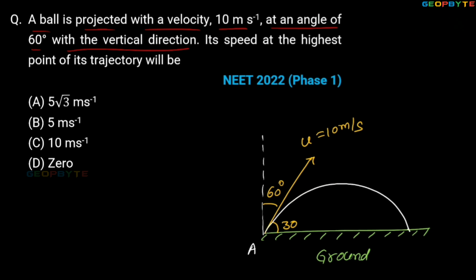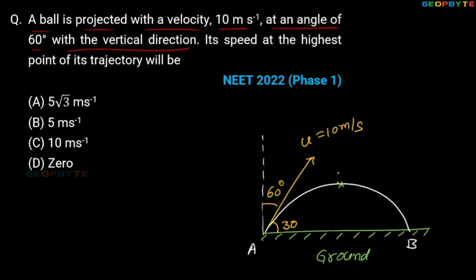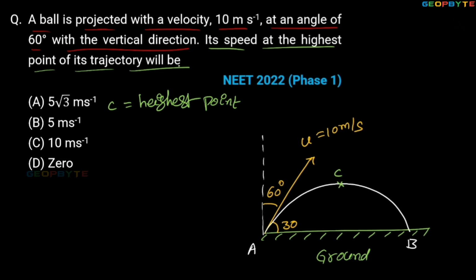Then it can maintain the projectile motion. The projectile motion may be from A to B. Let C be the highest point. Then what he is asking is its speed at the highest point of its trajectory. At the highest point, what is the speed?